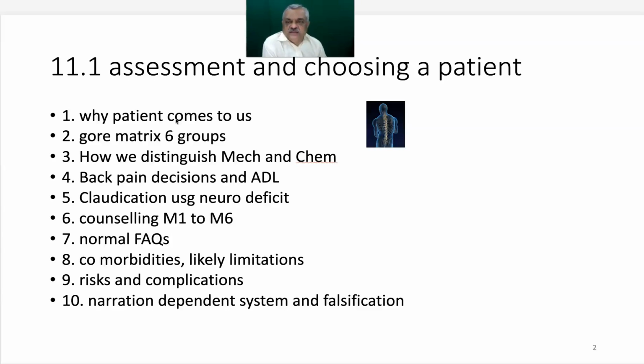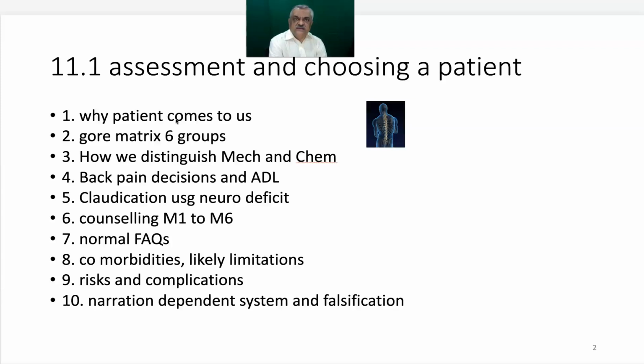So initially, what we are going to talk about is the assessment and choosing a right patient, which will roughly include these following points. The points are, why is it that the patients come to us? The answer is primarily they come to us for pain and for claudication because of various changes which are occurring around the spinal nerves and the nerve root axilla.